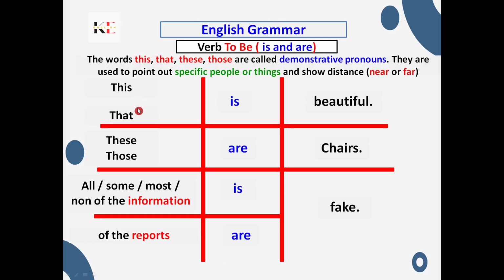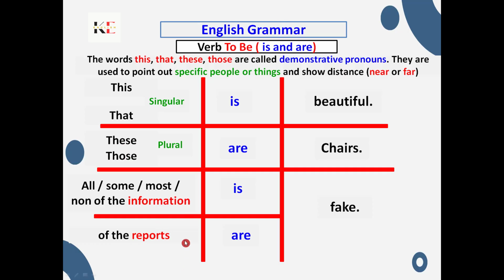This and that are singular, and we must use is after them. This is used to show near distance: this is beautiful. That is used to show a little bit far distance: that is beautiful. These and those are plural, and we must use are after them. That's the reason we use are after these and those.